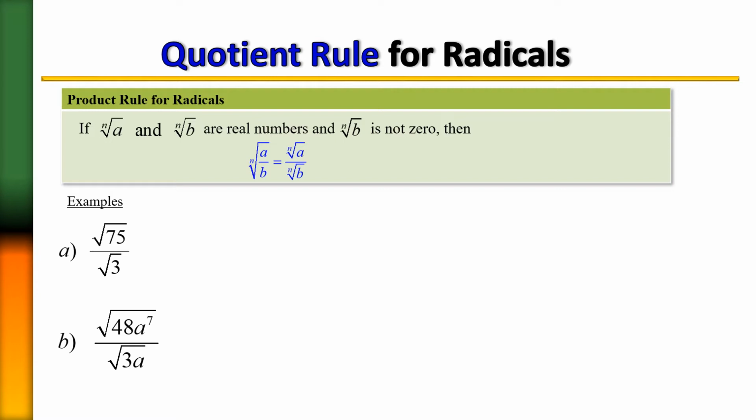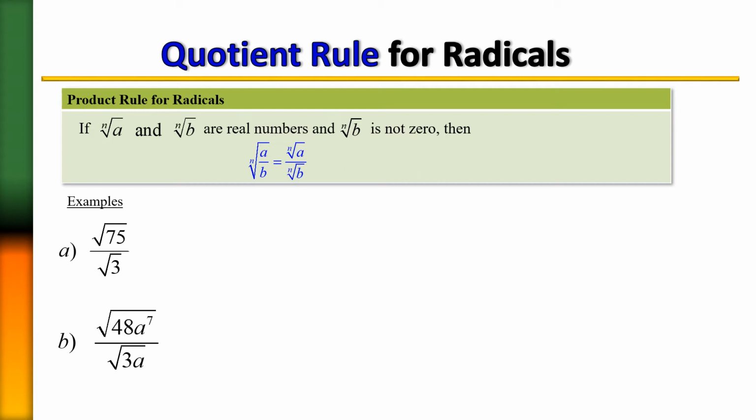They each have their own radical symbol, but again, the indexes are the same. It's square root. So instead of finding the square root of the top and then finding the square root of the bottom, the quotient rule states that you can simply take the numbers, top divided by the bottom.